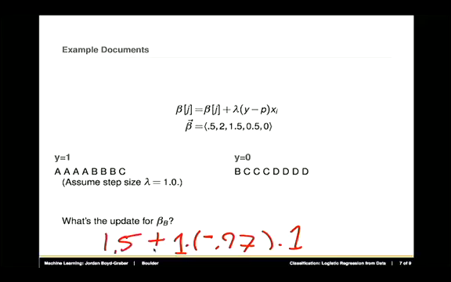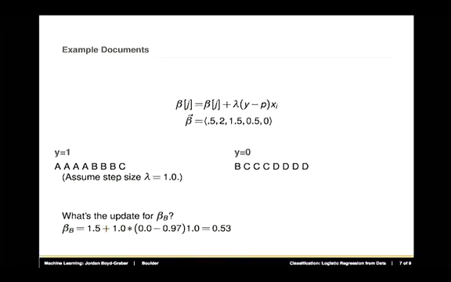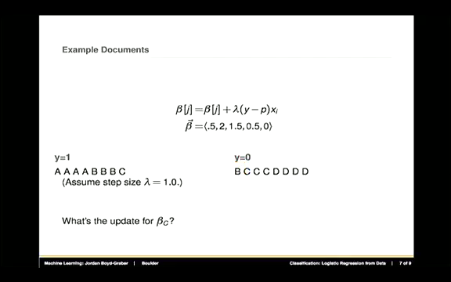So now we're basically just subtracting 1. So we'll get something around 0.5, just a little bit more. So we still believe that beta B contributes to positive stuff because we didn't have very many of them. But let's see what actually happens when we get to beta C.